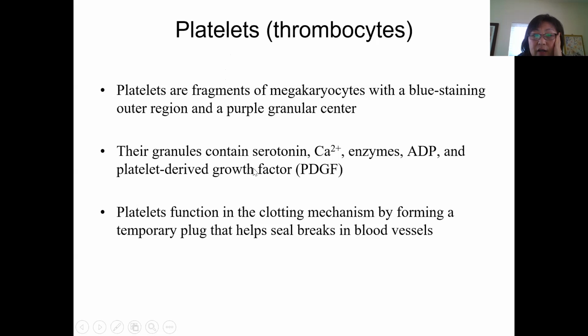Inside the platelets, there are chemicals like serotonin, which is a very potent vasoconstrictor, and we have a lot of calcium, ADP, adenosine diphosphate, okay? And also a growth factor called platelet-derived growth factor, which is necessary for forming or repairing blood vessels. So platelets are very important in terms of stopping bleeding.